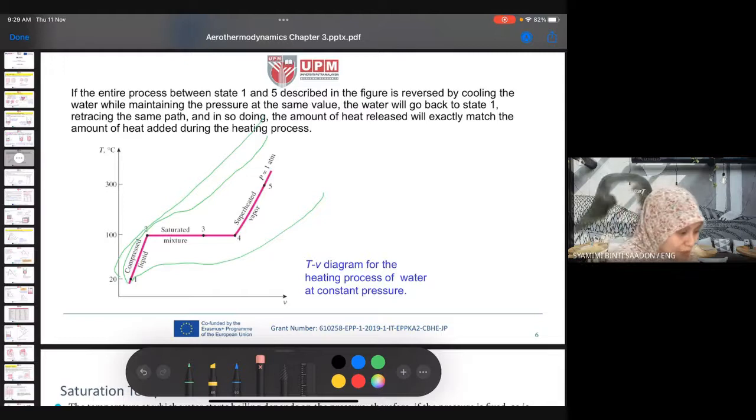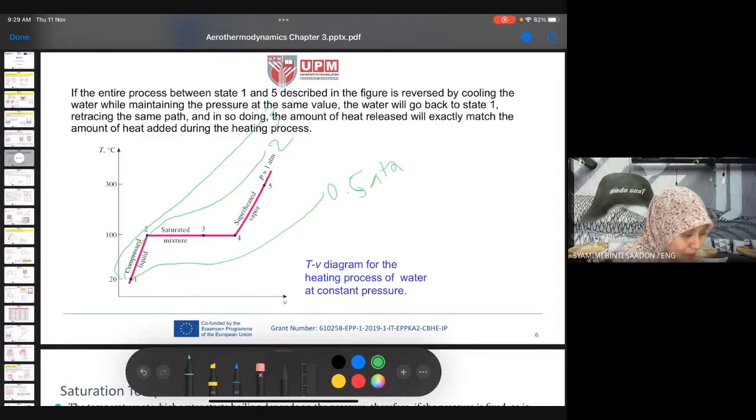Maybe this one is 2 atmosphere, this one is 3, and this one maybe less, 0.5 atmosphere. Throughout those lines, we assume that the water is at the same pressure.